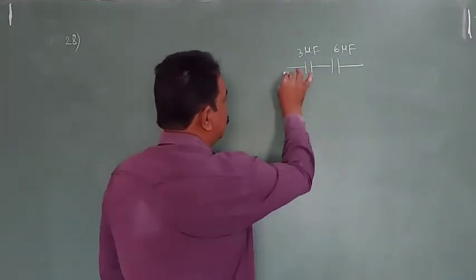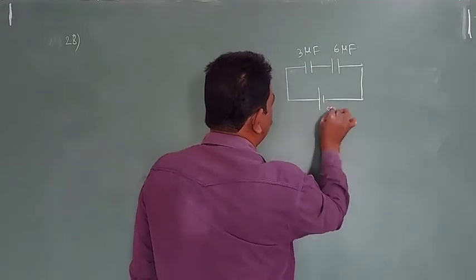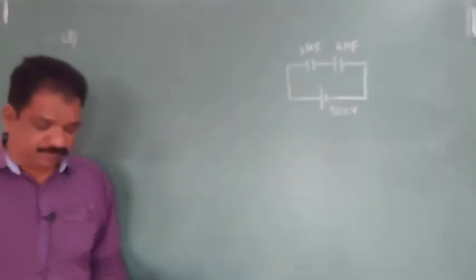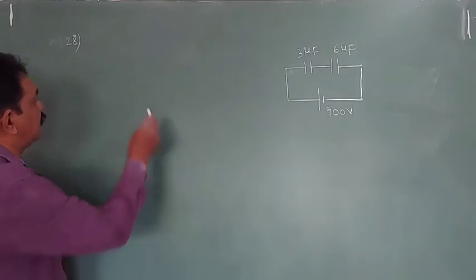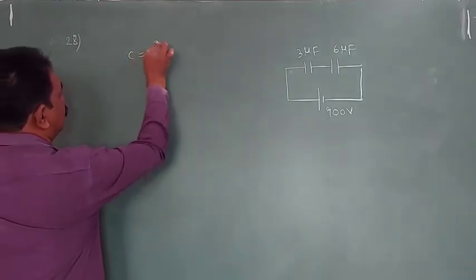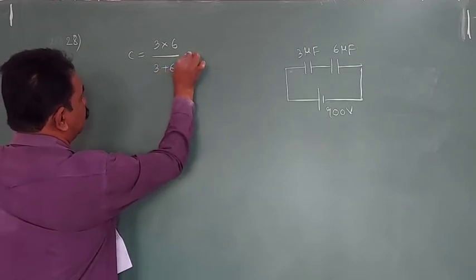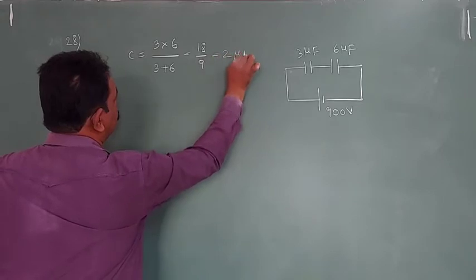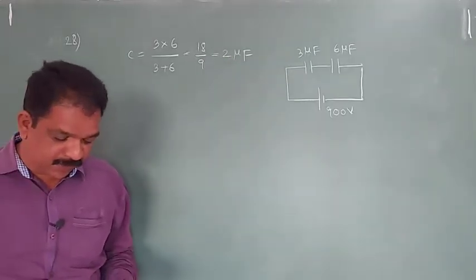and a potential difference of 900 volt is applied across them, then what is the effective capacity? We will calculate first. C1 C2 by C1 plus C2, 18 by 9, this value is 2 microfarad, that is the capacity value.